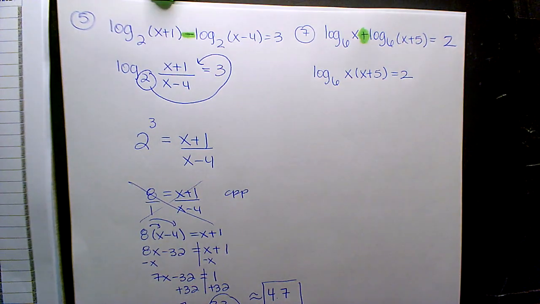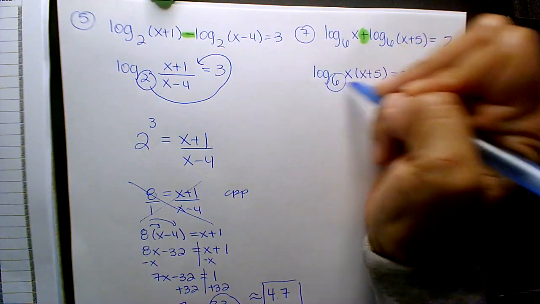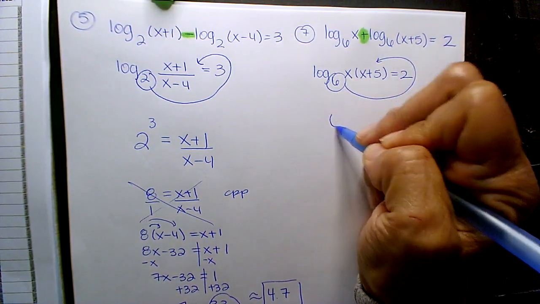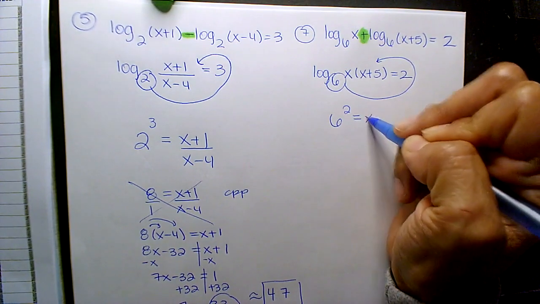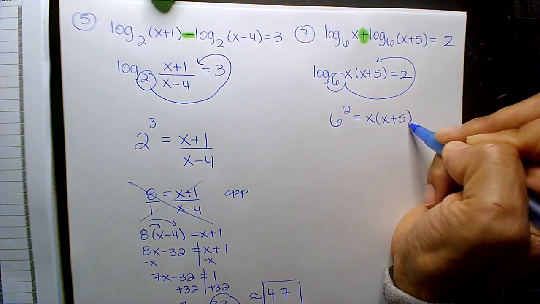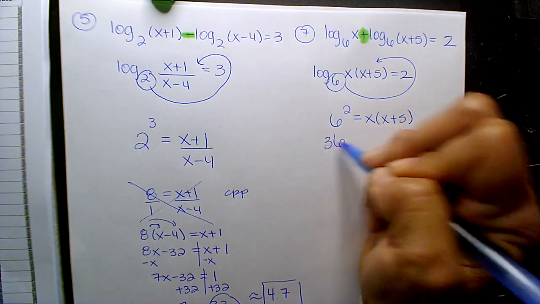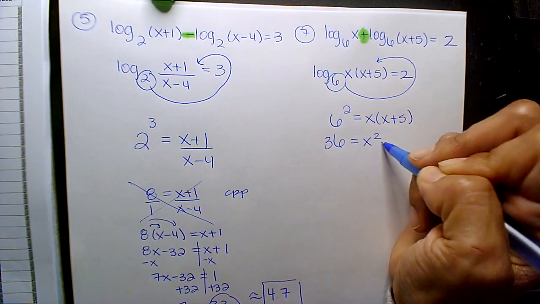You're going to put them together and multiply. Addition is multiplication, subtraction is division. Okay, so if I now loop it around, 6 squared is equal to x times (x plus 5).